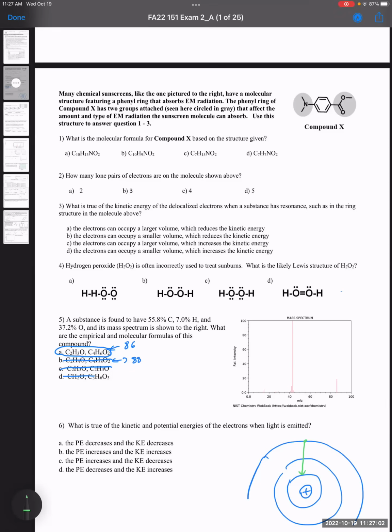When that happens, electrons are getting closer to the nucleus, meaning the attractive interactions between the electrons and the nucleus increase, and as a result of that, the potential energy should decrease. So any answer that says potential energy increases should be ruled out.